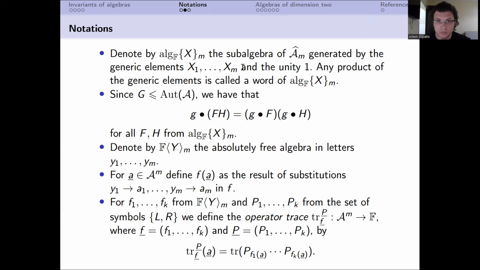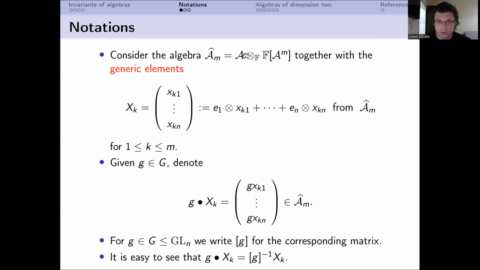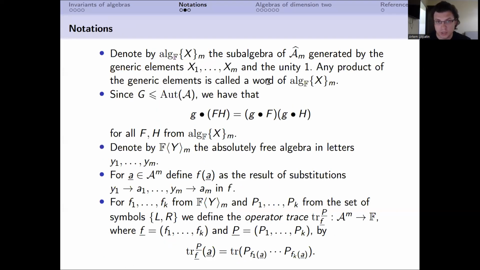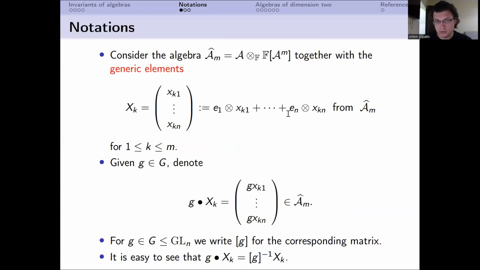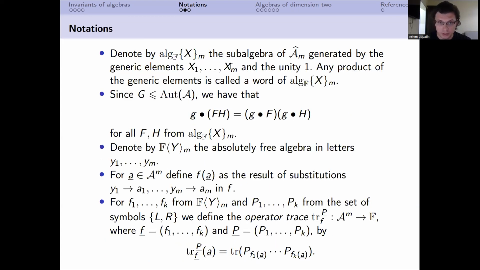We can multiply generic elements using multiplication in algebra A. Because when we have two generic elements, the first component of both of them is from algebra A, so we can multiply them, and the second component is just from the coordinate ring. So here everything is clear. So we have multiplication of a basis, and we use this multiplication table to multiply generic elements.